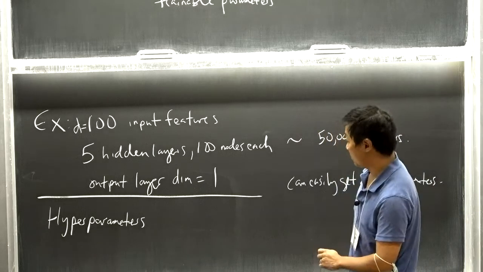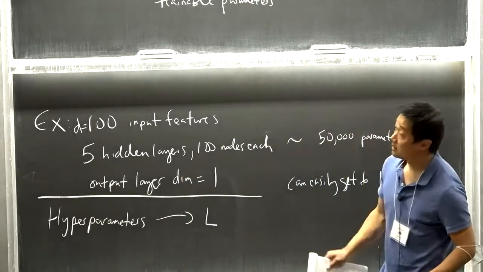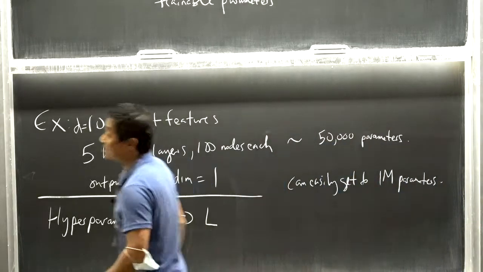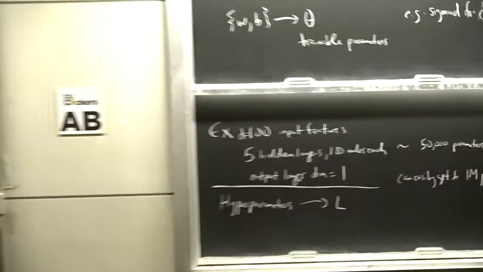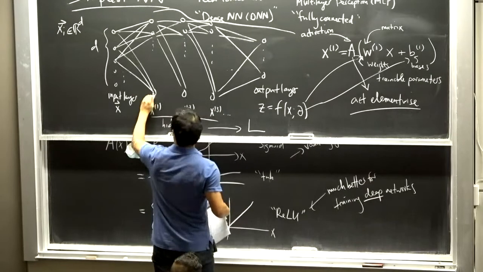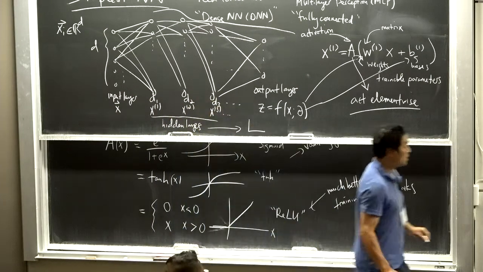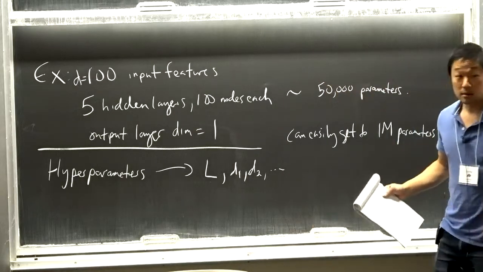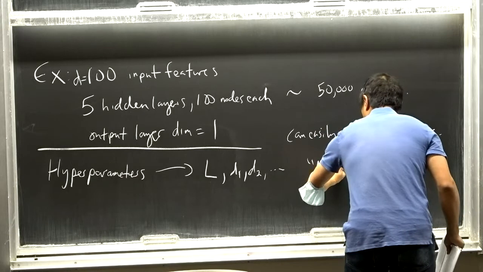So examples of hyperparameters here might be L, the number of hidden layers, right? Let's say each layer has dimension D1, D2, D3. So all the dimensions of the hidden layers. These are all choices we can make in defining what's called the neural network architecture.